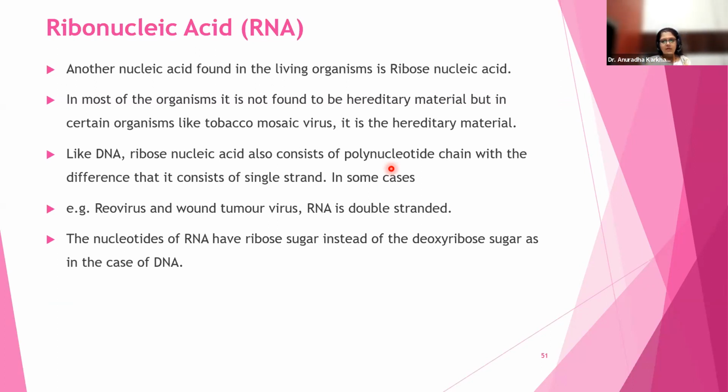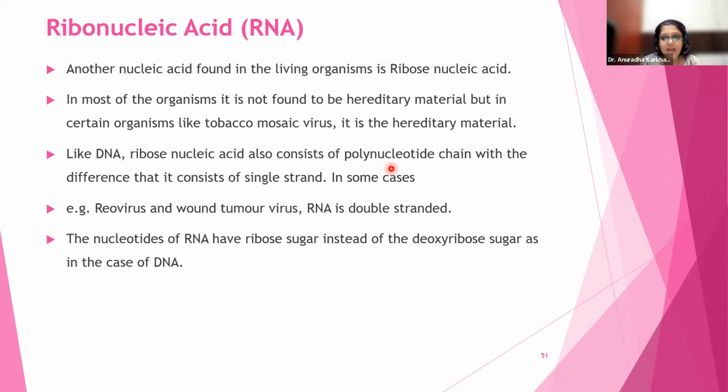Hereditary material is what is passed on from one generation to the next, carrying the genetic information of that organism. Even in us, RNA plays no role in heredity. DNA is the genetic material, which has all the information about the different characters that we have.